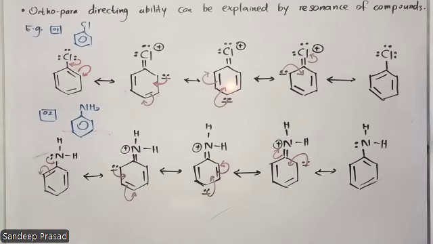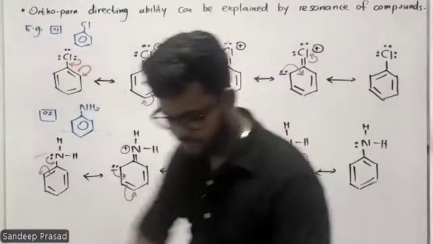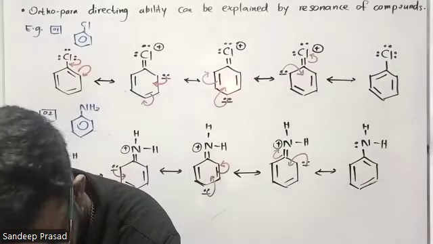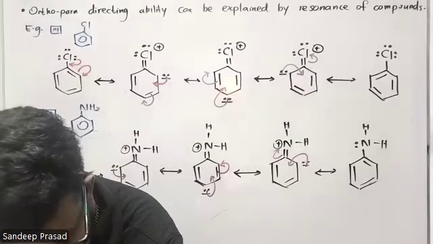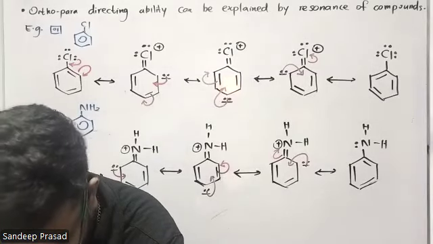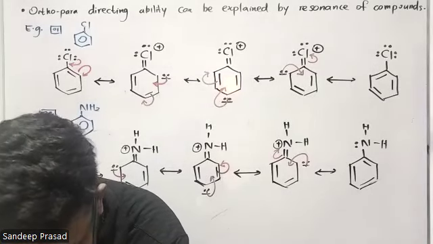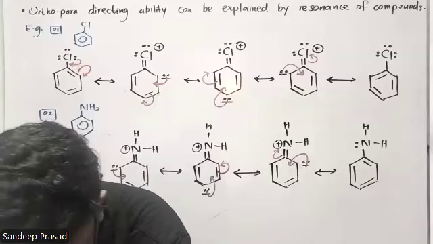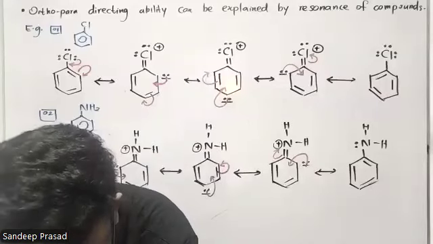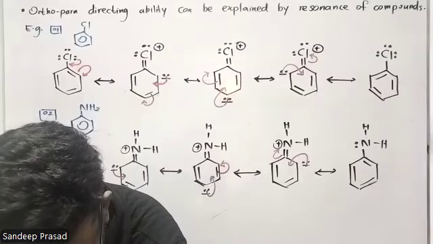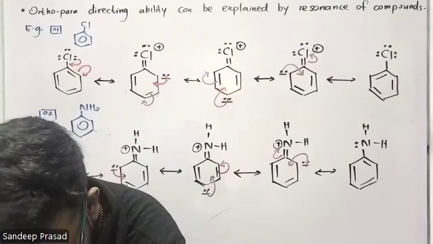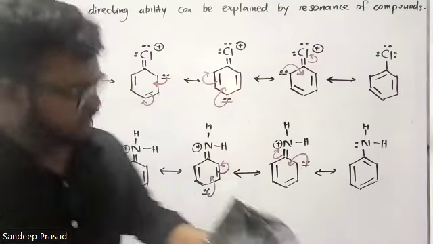Are we done? Shall we move to the next type? Meta-directing ability. Raise your hand those who understood the ortho-para-directing ability quickly. Do you have any doubts here? Actually, we have already discussed this one. Right.